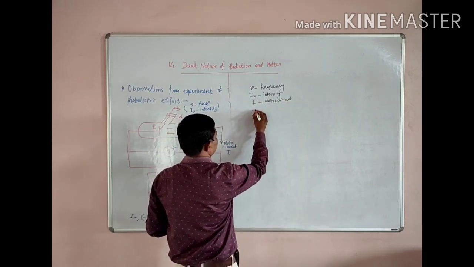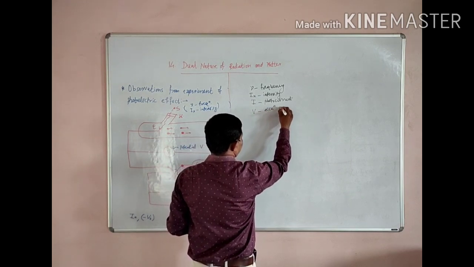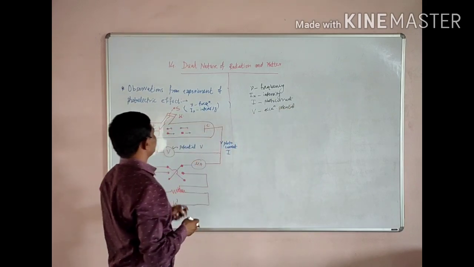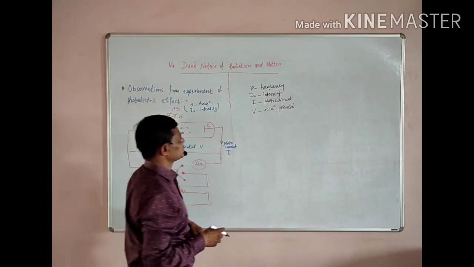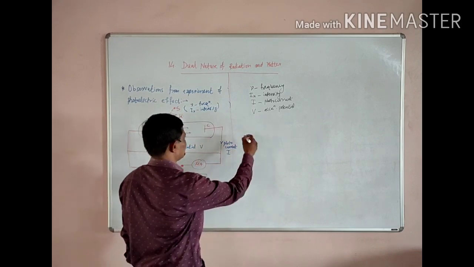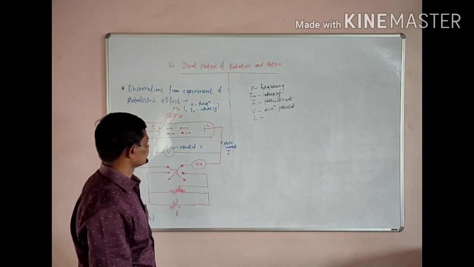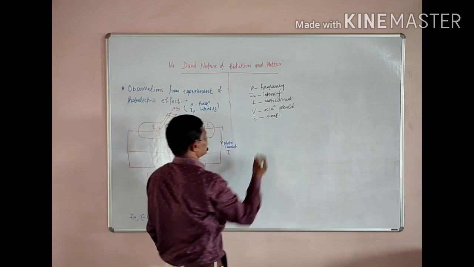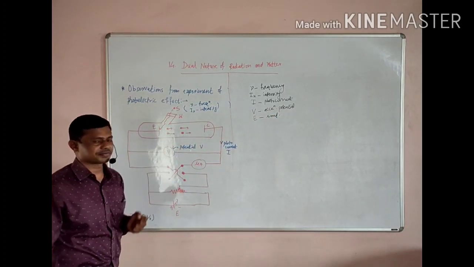Here, V is the accelerating potential which is applied between the emitter and collector plate, where the collector plate is maintained at positive potential. Also, E is the EMF which is applied across this. These are the variable parameters in this experiment.